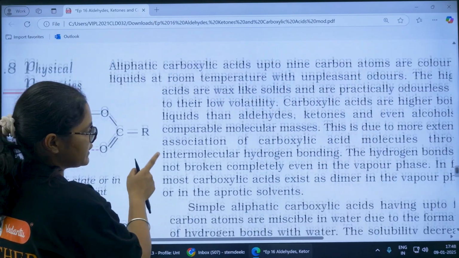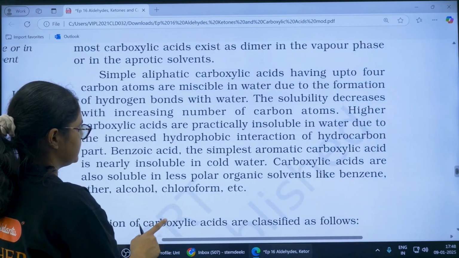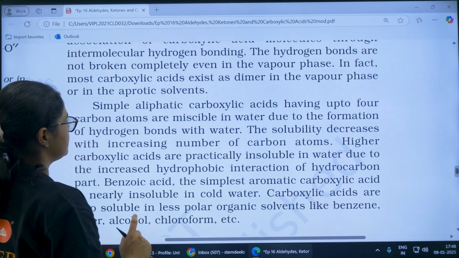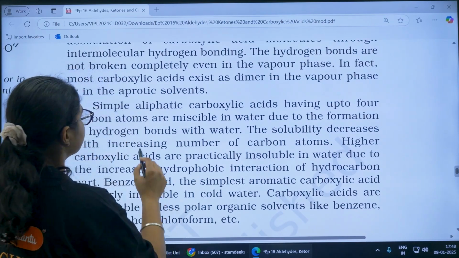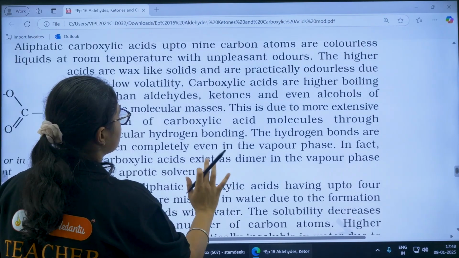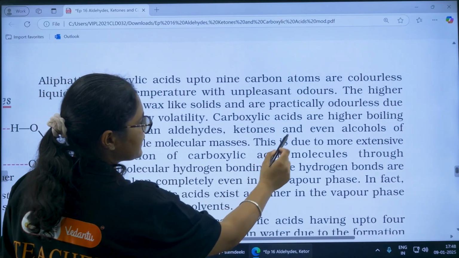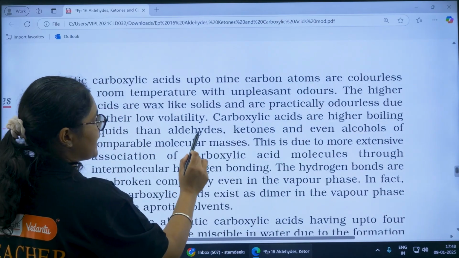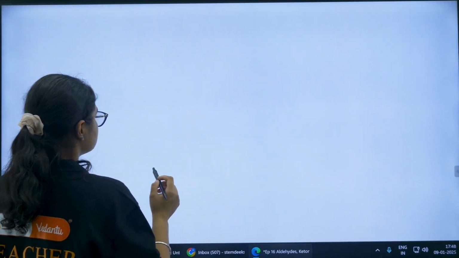Physical properties: we have something regarding solubility, here something important is there, let me see. Yes, this part. Now see, carboxylic acids have higher boiling points than aldehydes and ketones and even alcohols. This is important.